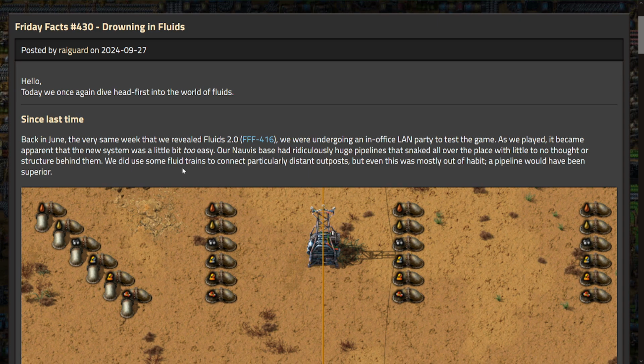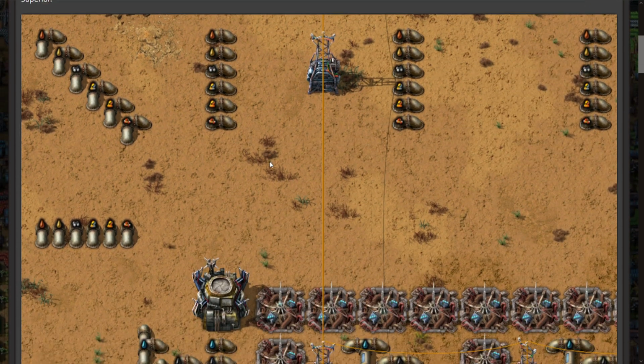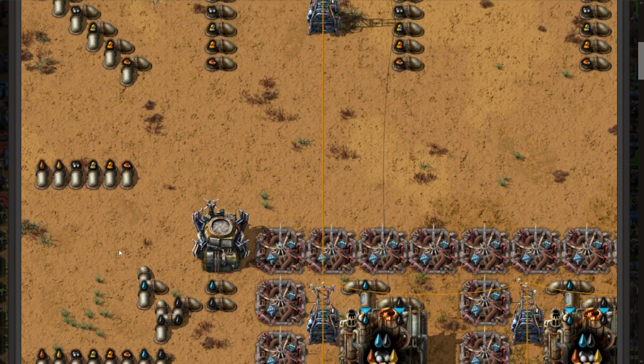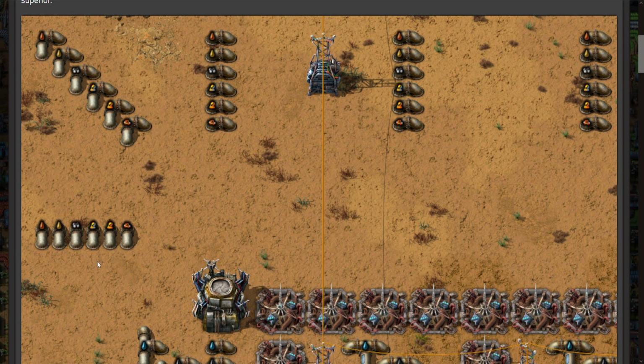And yeah, they only used fluid trains out of habit rather than because they were actually better. I guess they think that is a problem, which I sort of agree with. I would like to be able to use fluid trains without a drawback. Having these pipelines everywhere just seems a bit cheaty.